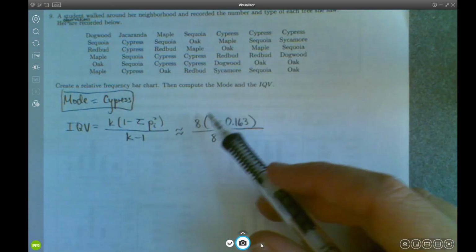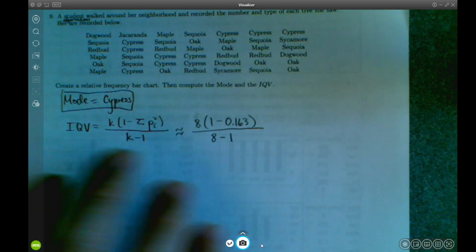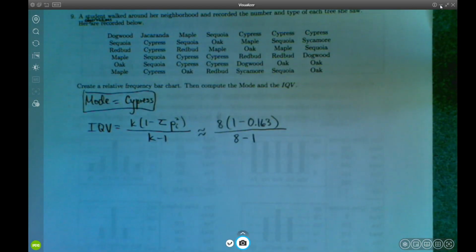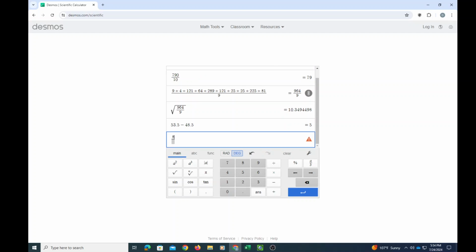Now this I can just type into my calculator, or you could do it in Excel, right? Either way, but I'll use a calculator. So 8 times 1 minus 0.163, divided by 8 minus 1.